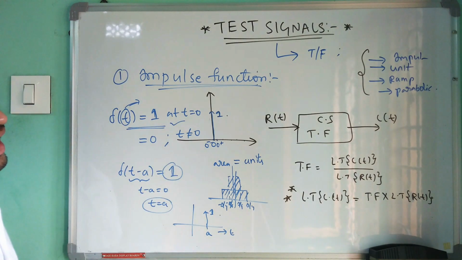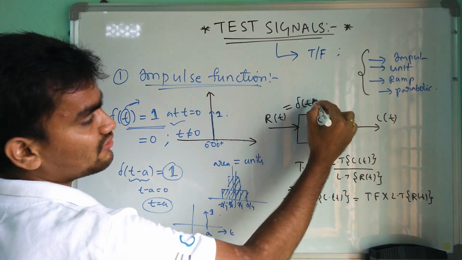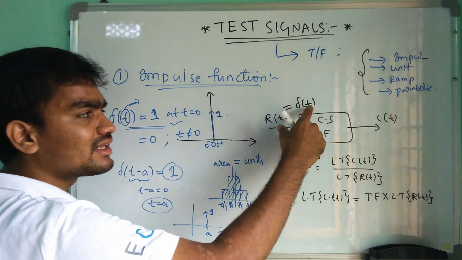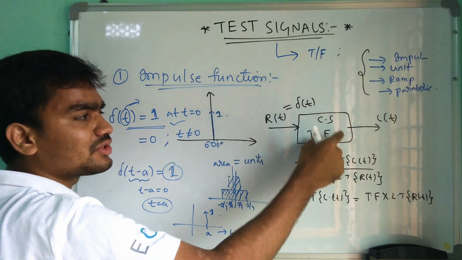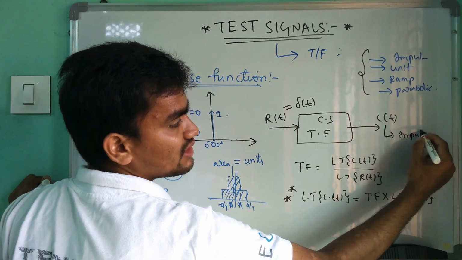So what exactly happens when you set the input of the system as the impulse function? If you apply the impulse function as input to the system, then the response obtained is called the impulse response.